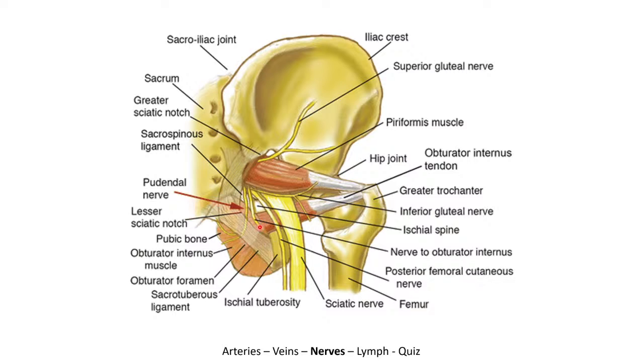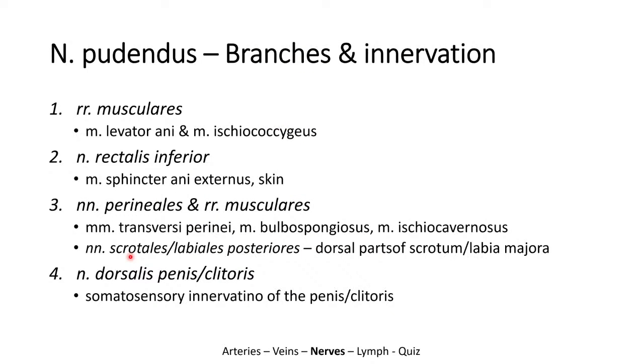And also again we have some nervi scrotales and labiales, but this time posteriores, supplying the dorsal part of the scrotum and the labia majora. And also important is nervus dorsalis penis, or nervus dorsalis clitoridis. This one is the nerve that will give you all the pleasure during intercourse. So it's the somatosensation of the penis and clitoris. It comes from nervus pudendus.